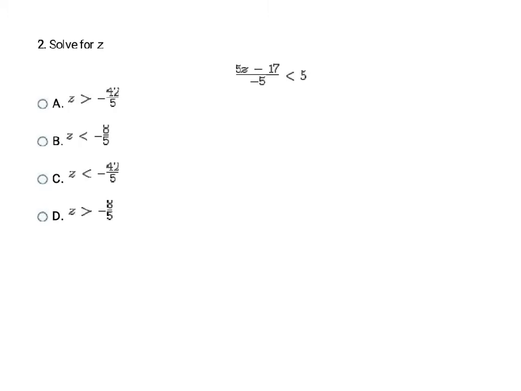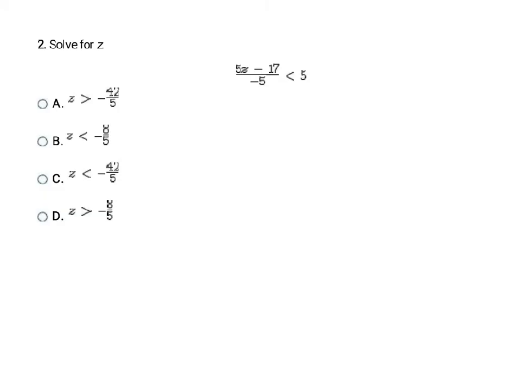All right, so in this one, because I have this 5z minus 17 in the top, before I can deal with any of that, I need to get rid of this bottom, the denominator. So to do that, it's dividing by negative 5 there. So I'm going to multiply both sides by negative 5 to undo that fraction bar, which means division. Now I multiplied both sides by a negative number, so my inequality is going to flip from a less than to a greater than.